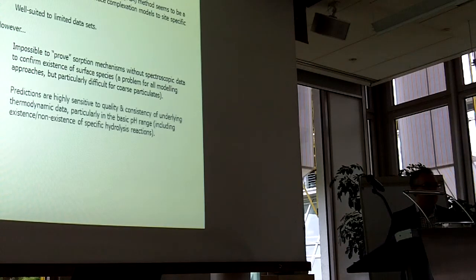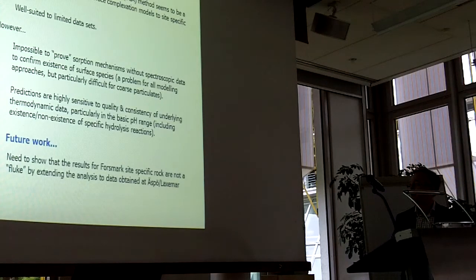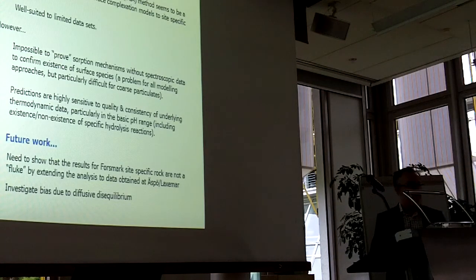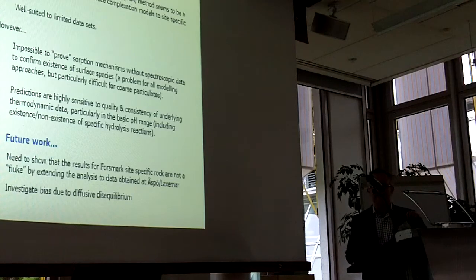Another really big problem is the fact that the predictions are very highly sensitive to the quality and consistency of the underlying thermodynamic data. And that's particularly in the basic pH range. That's not only to do with the actual numerical value of hydrolysis constants and so forth in your thermodynamic database.